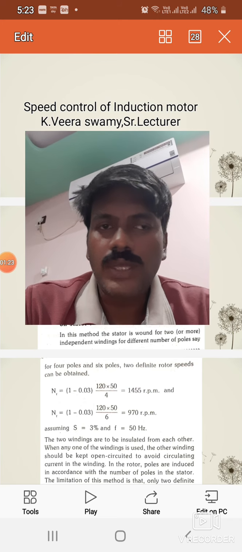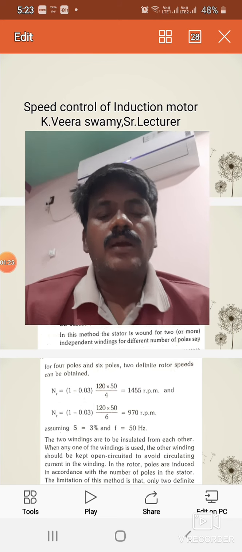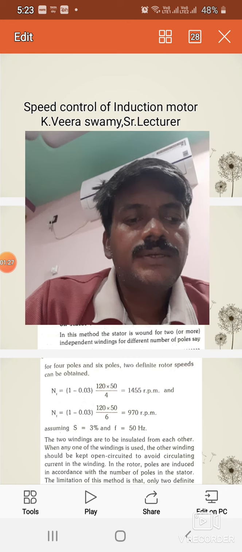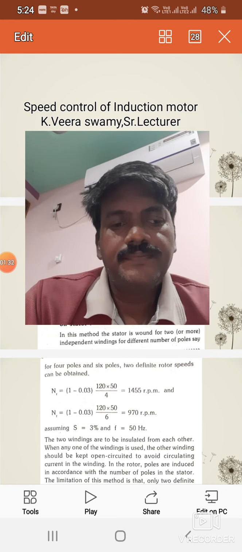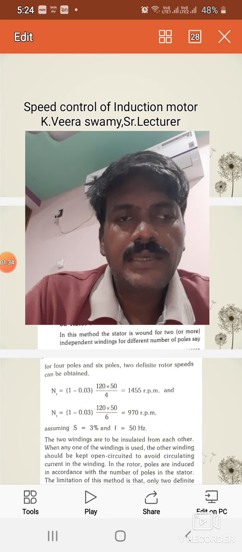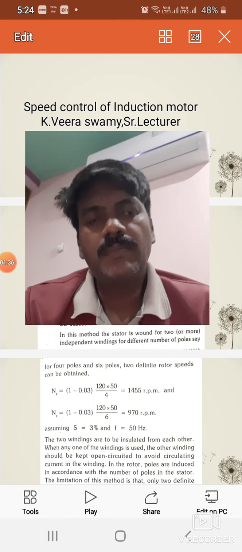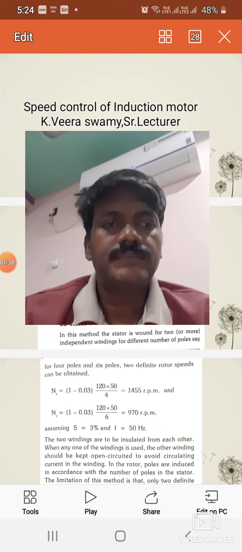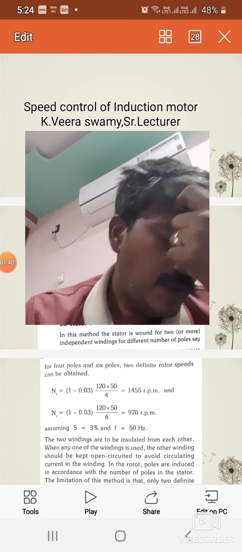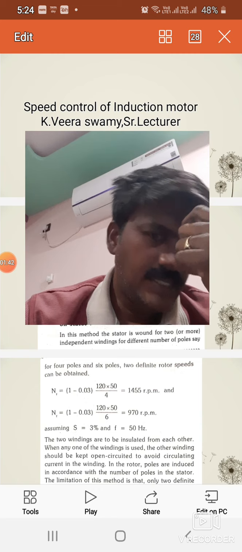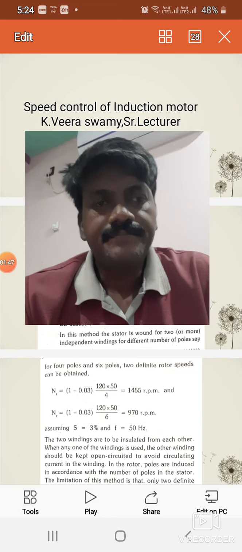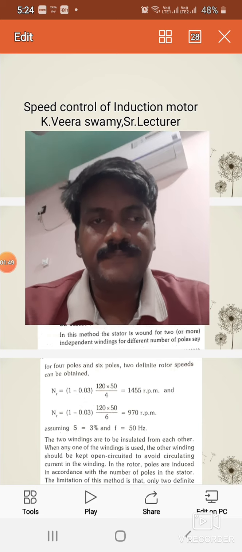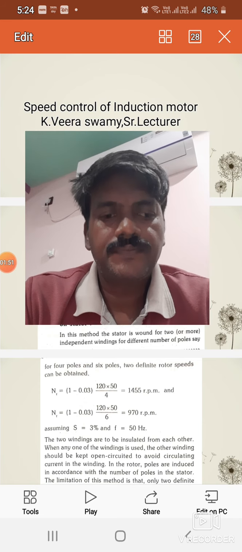Similarly, from the rotor side: rotor rheostat control method, by injecting the EMF in the rotor circuit, and the third one is by cascade connection. Speed controls.